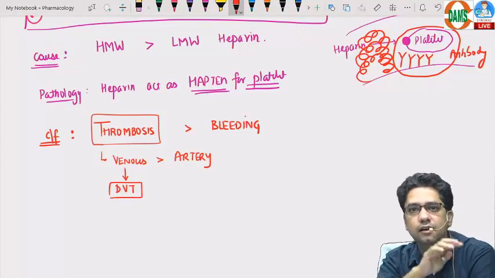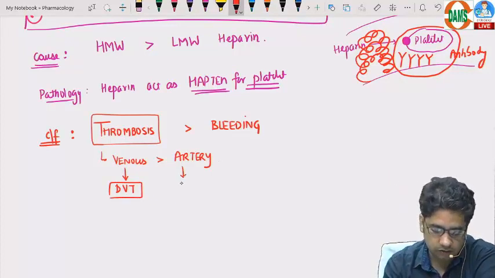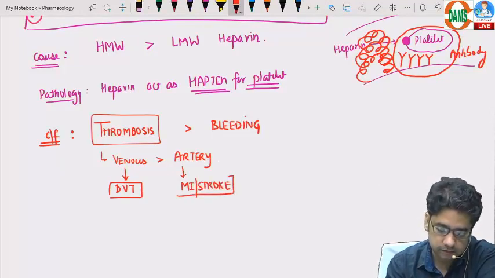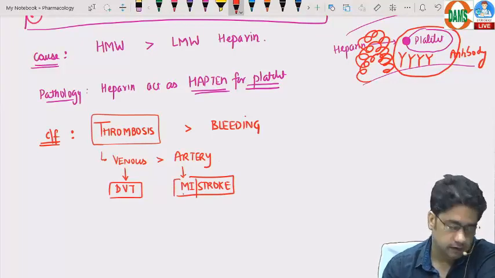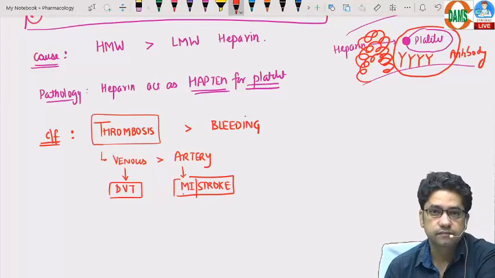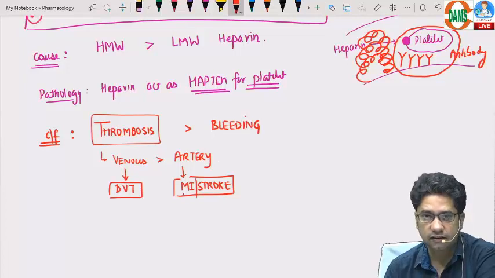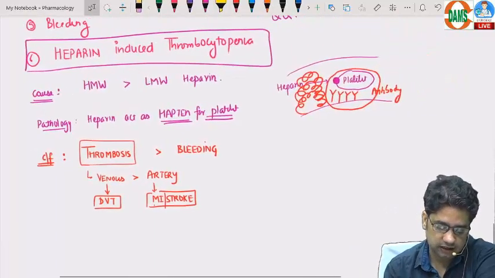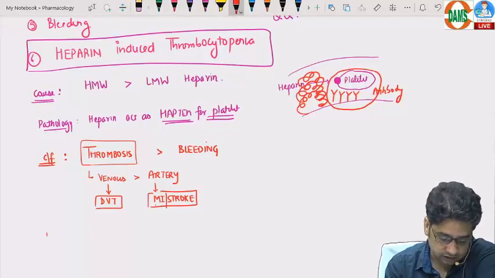And if an artery is blocked, what will happen to the patient? MI and stroke will happen. The patient may die on their own. And that is why this HIT is a very dangerous condition.